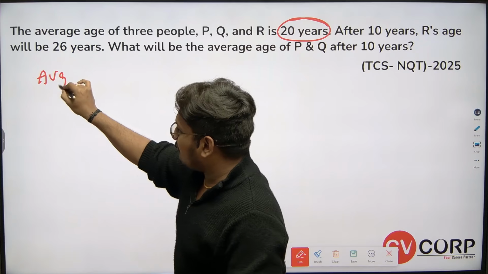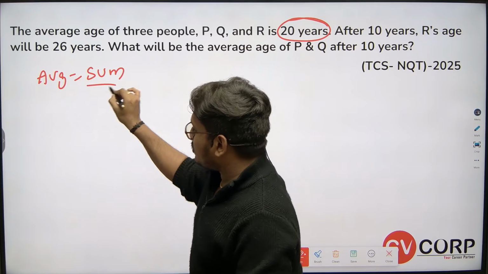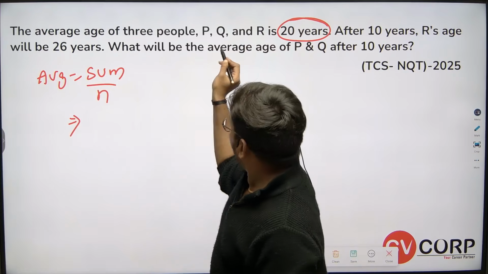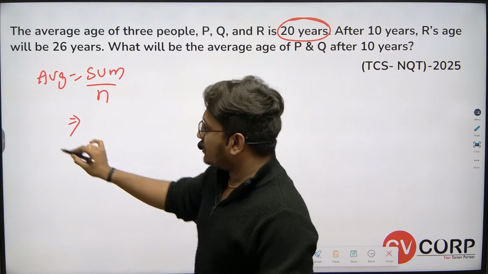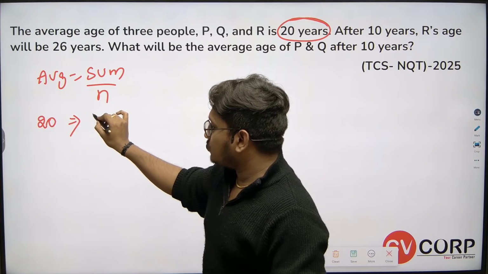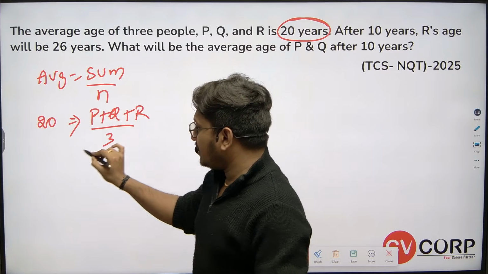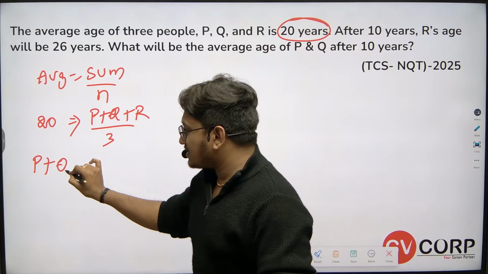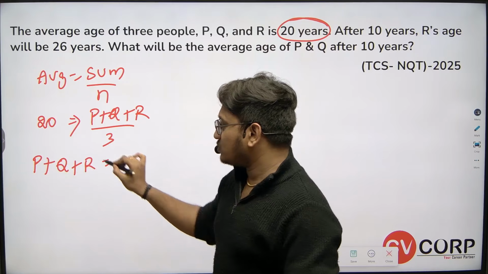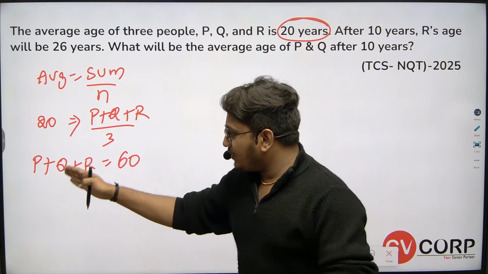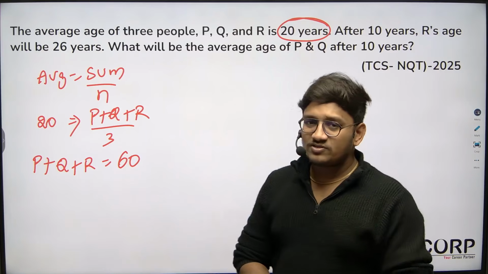Now here the average of three people is 20 years, right? Now 20 is equal to the sum of ages P, Q, R divided by 3. Now I get to know that P plus Q plus R is equal to 20 times 3, which is 60.